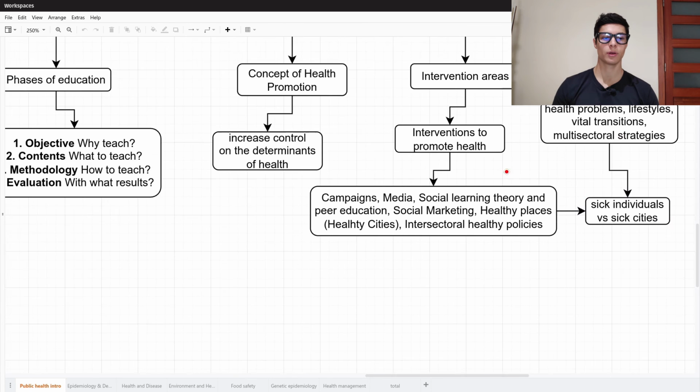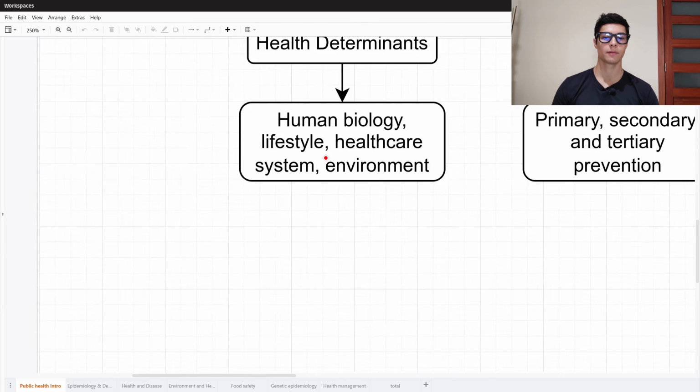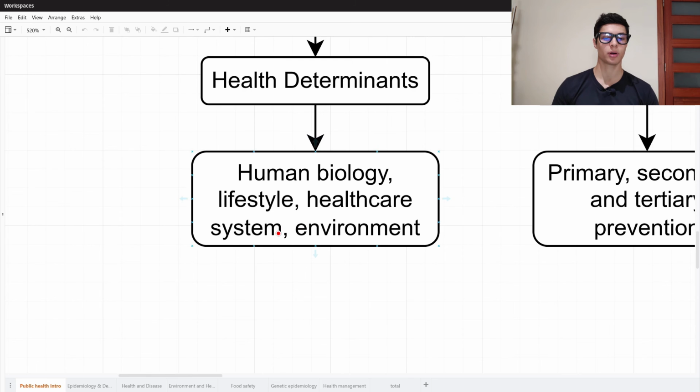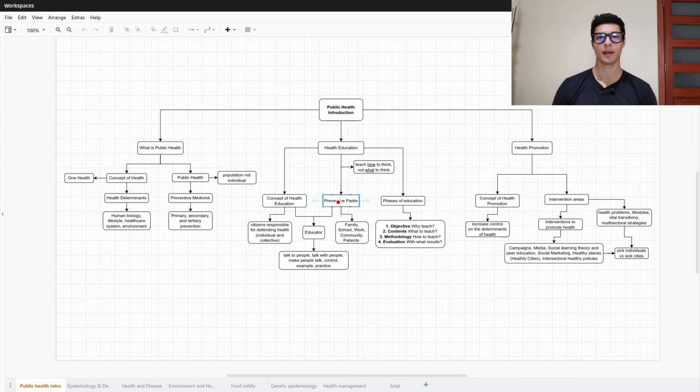That's when we, for example, have healthcare system problems or environmental problems. These are the main factors that lead to sick cities. And sick cities reminds me also of the term sick society. And there is a funny comparison in which they say, is the individual sick or the society that is sick?